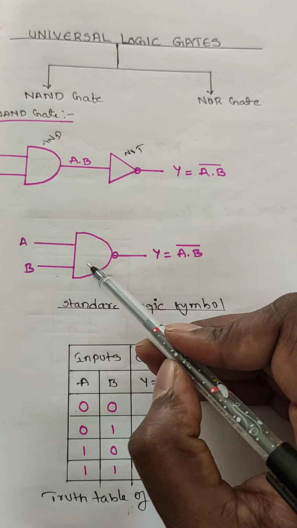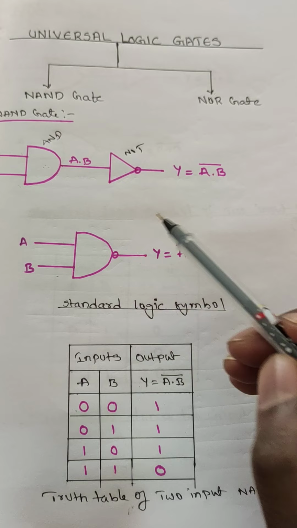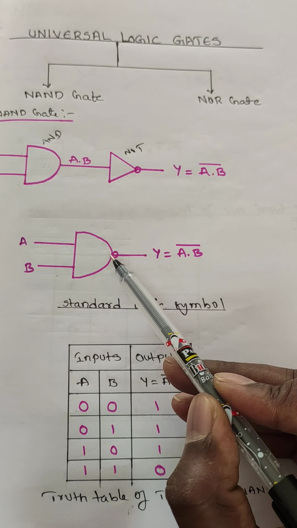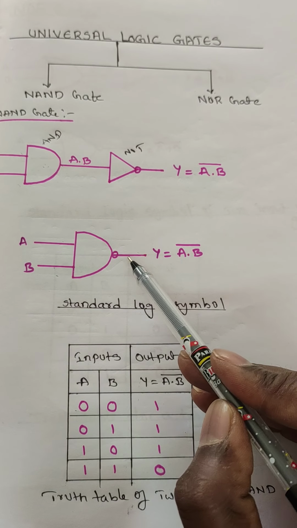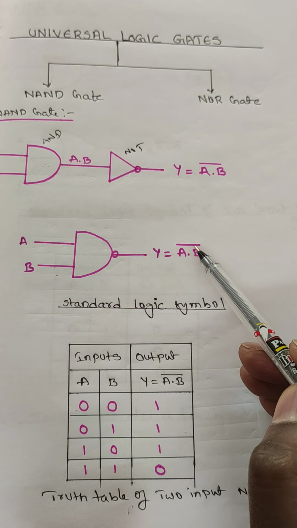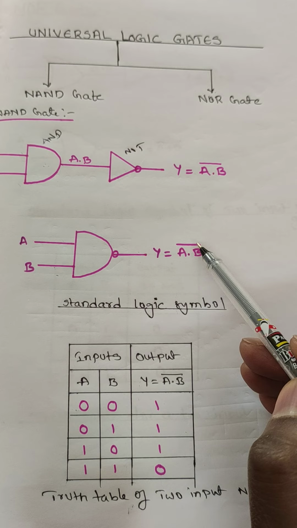So, here this is a complete NAND gate diagram, nothing but the standard logic symbol of the NAND gate. When two inputs are given, the output will be (A dot B) whole bar, nothing but inverting the output of the AND gate.